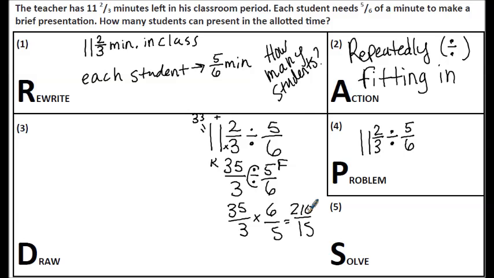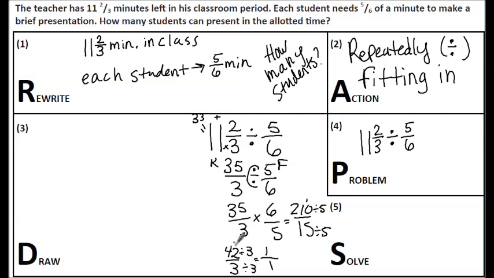Now that we have 210 over 15, we can start dividing to simplify, and I see that they both end in 0 or 5, so I know that I can divide the top and bottom by 5. 15 divided by 5 is 3, and 5 goes into 21 4 times with 1 left over, and 5 goes into 10 2 times with none left over. So we know that that goes in evenly. But I also see that 3 will go into both of these numbers.